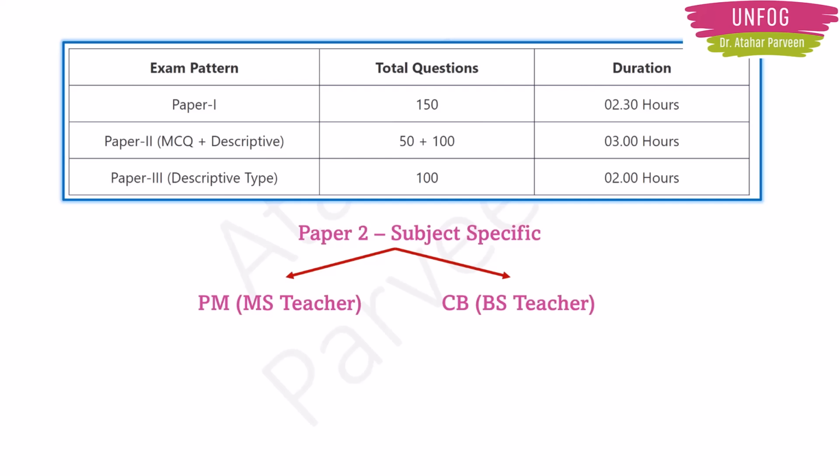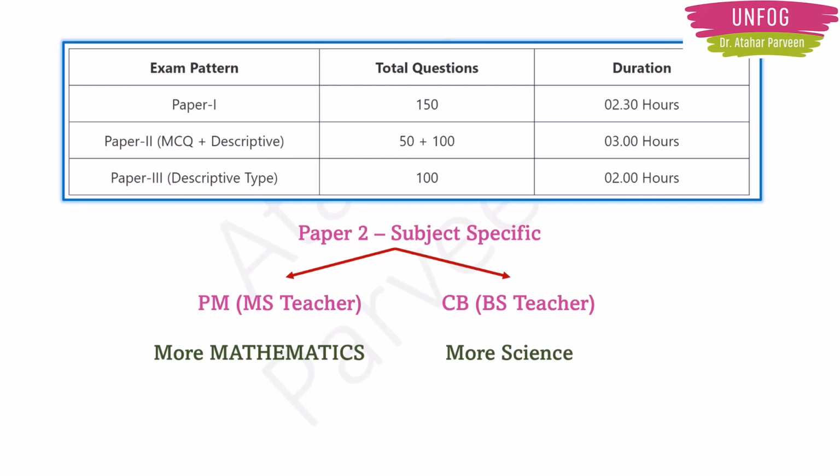Now what is the difference? In the PM method question paper, more mathematics will be there. Many questions, and many tougher questions compared to the CB method question paper, will be there in the PM method question paper. So more mathematics and tougher questions in the PM method question paper.